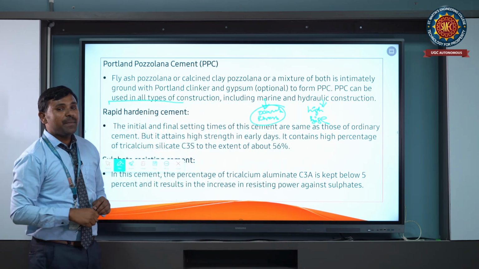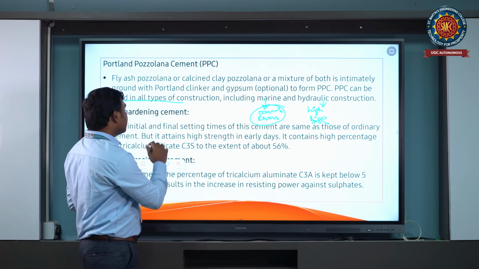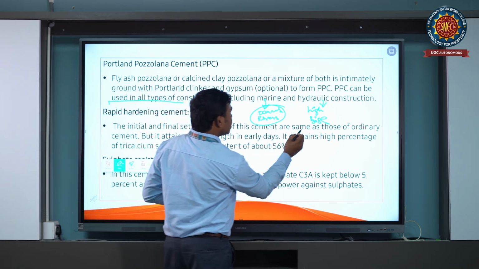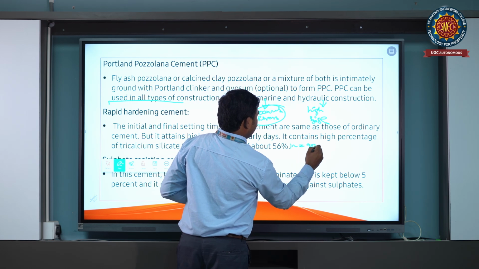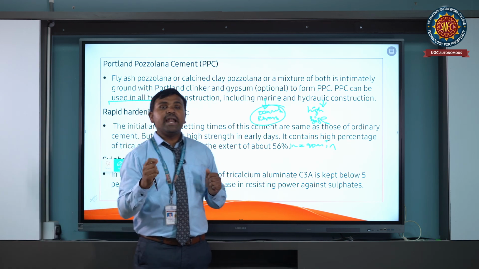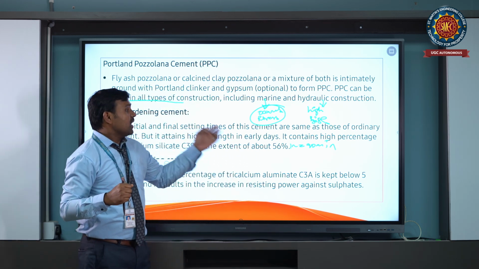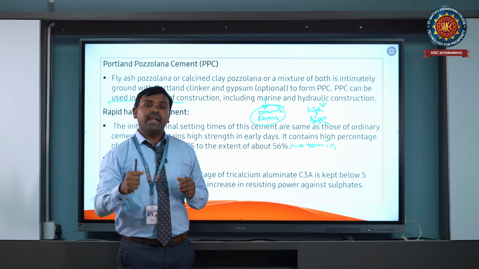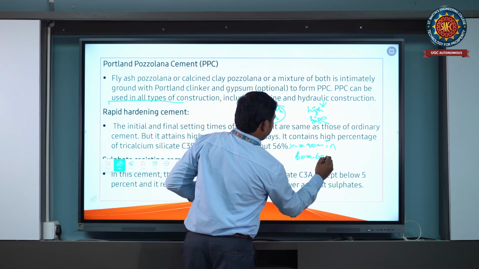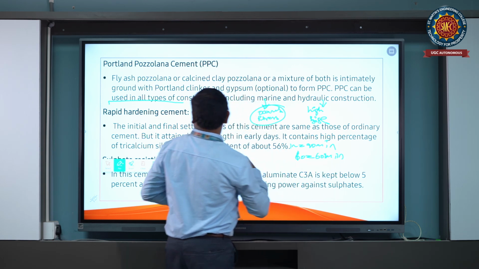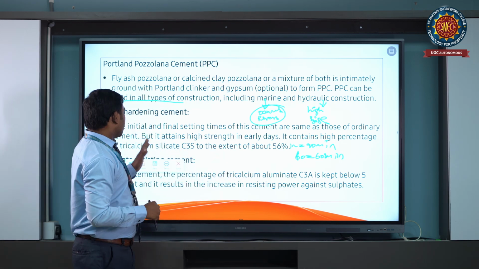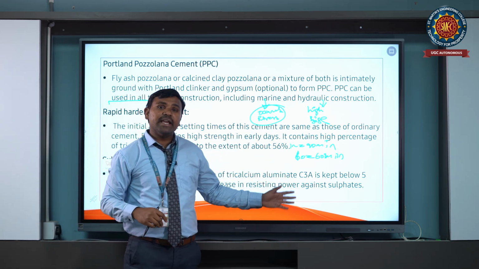Next, rapid hardening cement, where the initial and final setting of the cement is the same. Basically, the initial setting time is 90 minutes, meaning the cement gets hardened within 90 minutes, and the final setting time takes 6 to 10 hours, like 600 minutes, to get hardened. For rapid hardening cement, both are equal because it attains high strength in early days.